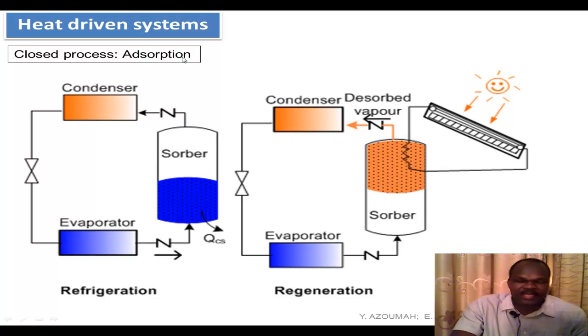Okay? The difference between the two, at times people tend to explain it in a manner that adsorption, AD, is a substance that can absorb either liquid or gas. AD is a solid that can absorb either a liquid or a gas.